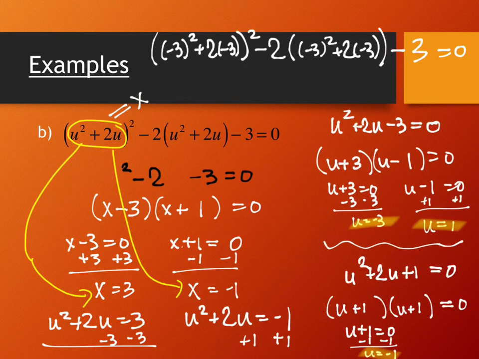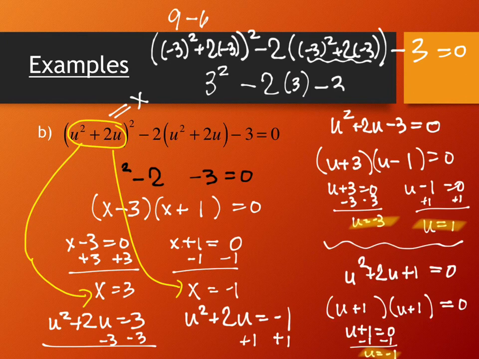Okay, so it's kind of a mess, but negative 3 squared is 9, plus 2 times negative 3, which would be minus 6. So 9 minus 6 is 3, right? So I have 3 squared here, minus 2 times. The same thing was happening here, so this is another 3.